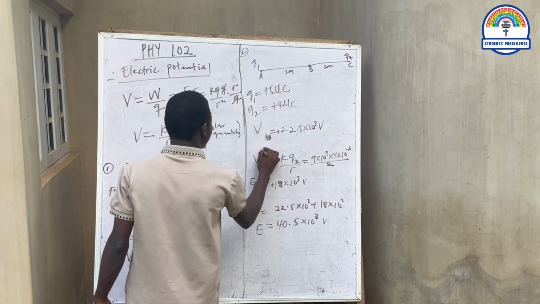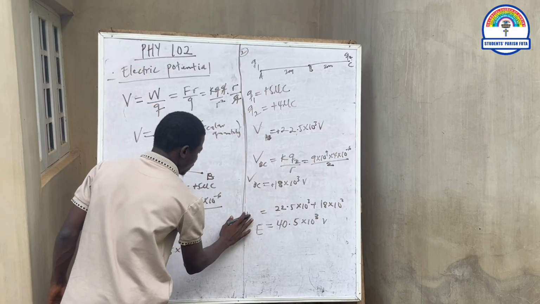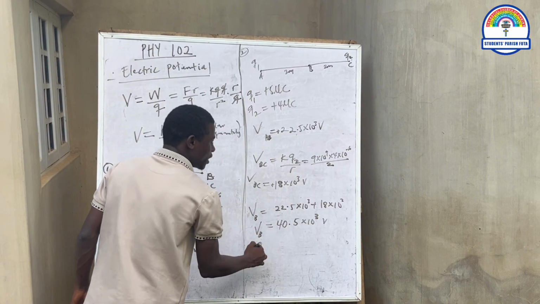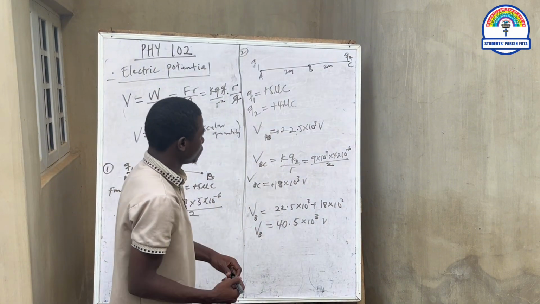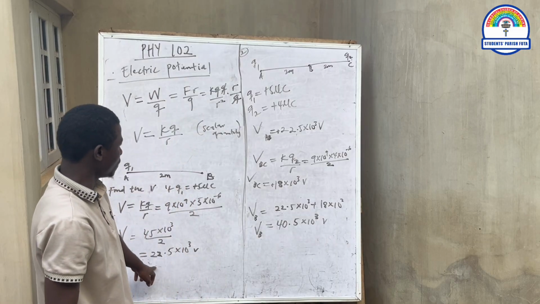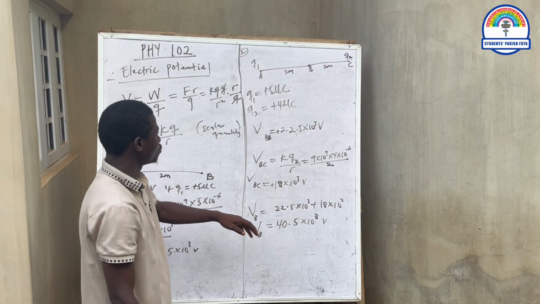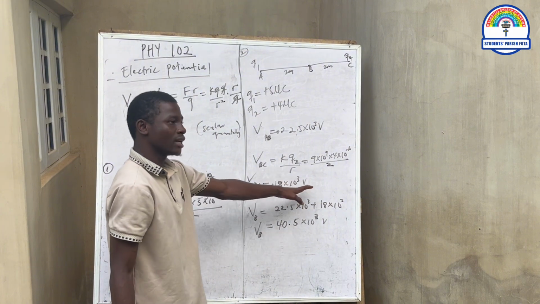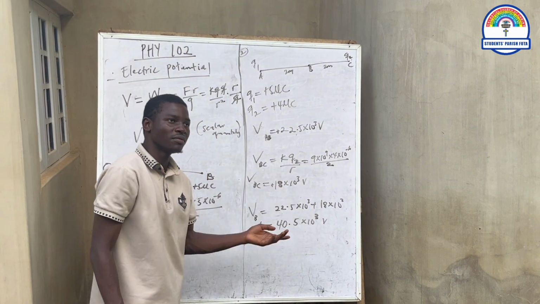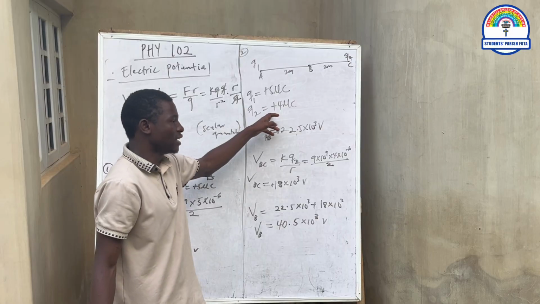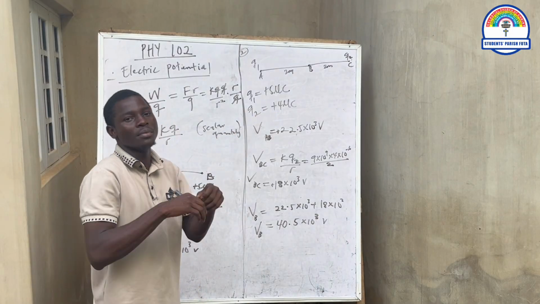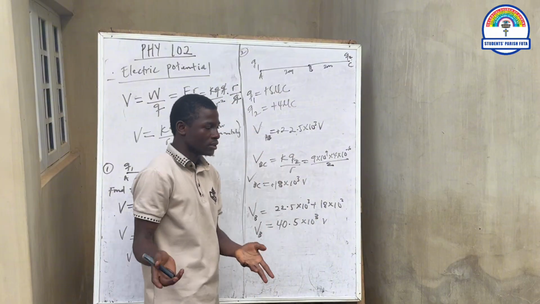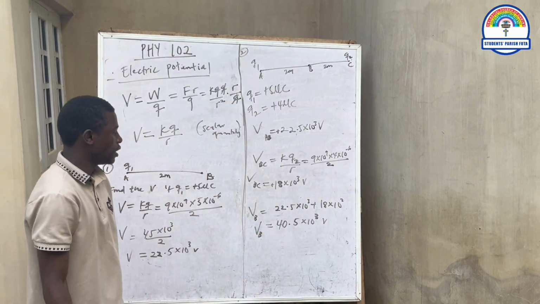I mean V at B. So what if this is negative? Your VAB will be a positive 22.5, and VBC will be a negative 18 times 10 to the power 3. Then you add them together, that is 22.5 minus 18. What if they are both negative? You add them and the final answer will be negative, so minus 40.5 would be it.